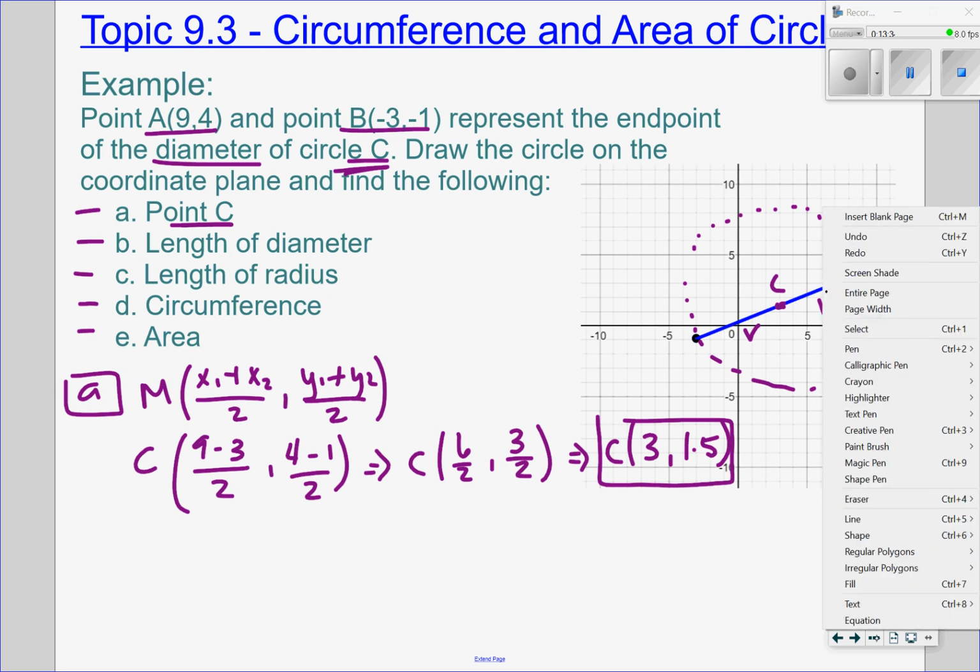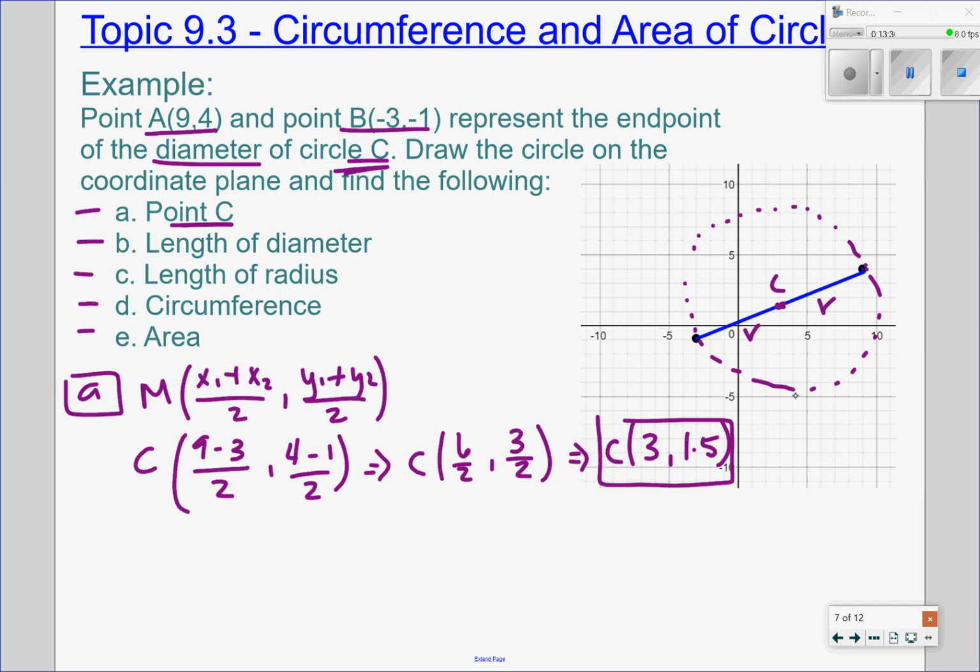All right, so let's go ahead and find part B. Part B says we're going to do the length of our diameter. Well, the length of diameter simply means we need to make a right triangle and use the Pythagorean theorem, because all we did was find a coordinate for our center point. We didn't actually find any length yet. So our right triangle here is a 1, 2, 3, 4, 5 by, if we're going all the way over, this would be 12.